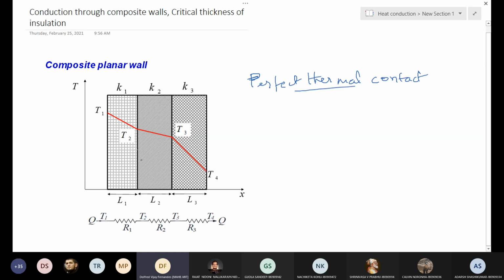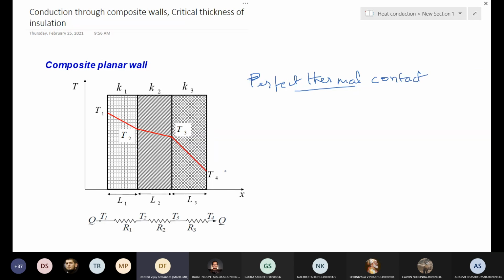The other very important point to understand is that by looking at this temperature drop, you should be able to tell me which material has a very low thermal conductivity and which has a very high one. You have to come to know which wall offers the highest resistance to heat flow.